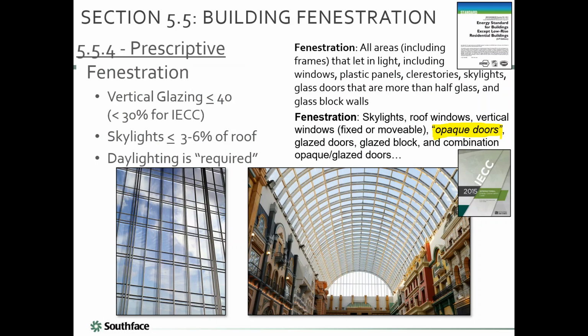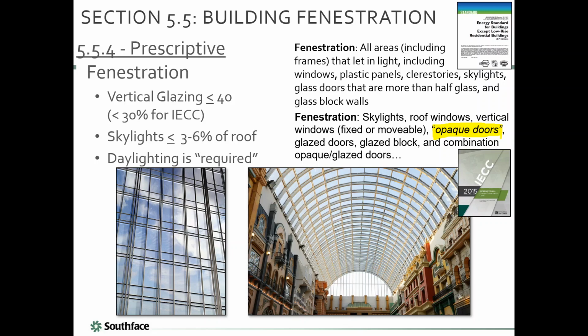We're looking at limits again. 40% from ASHRAE, 30% from IECC, and certain cases where daylighting is, quote, required, and limits on skylights, or more or less encouragement to use skylights, but with skylights there's definitely an optimum.